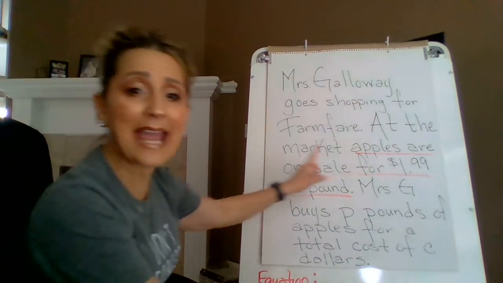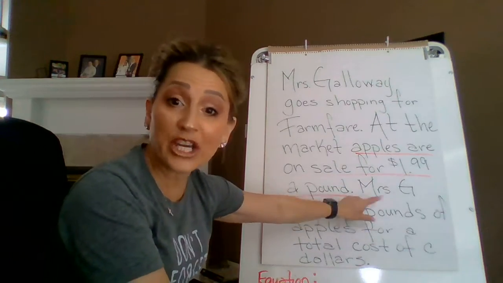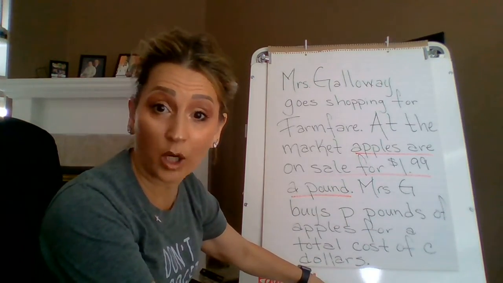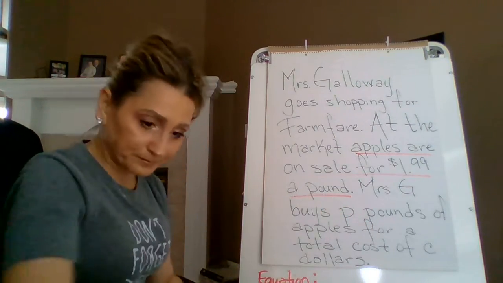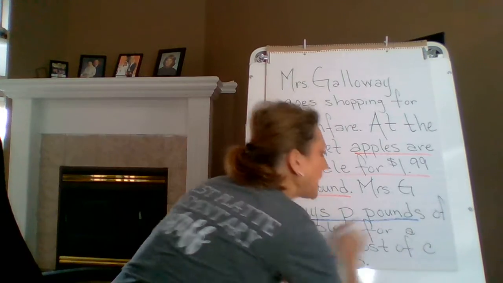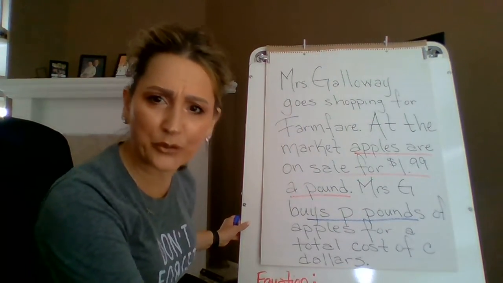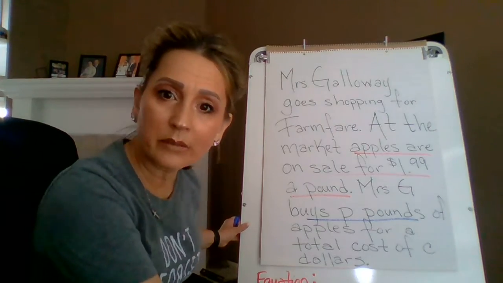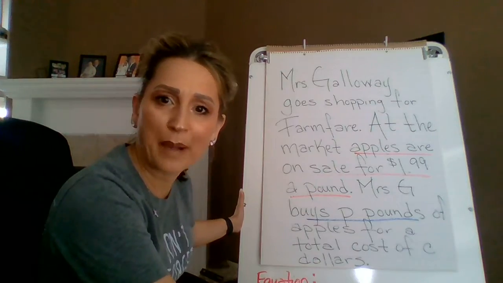It then goes on to say Mrs. G, again, love Mrs. G, but is she important for me to do my mathematical work? No. But what is important that Mrs. G does is Miss G buys P pounds of those apples. Well, how many is P pounds? Well, we don't know. Mrs. Galloway didn't tell us how many pounds of apples she was buying.